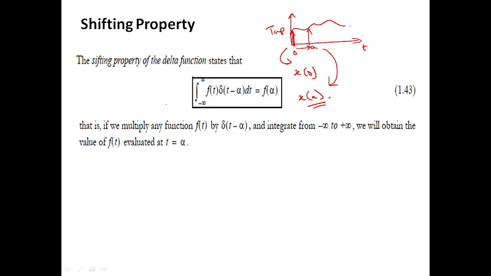This is denoted by the equation: integral from minus infinity to infinity of x of t, multiplied by delta t minus alpha dt, which gives us x of alpha. So by whatever amount you delay the impulse function, at that location you will get the amplitude of the continuous time signal, and at all other locations the values would be 0.